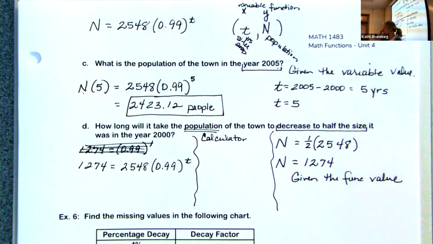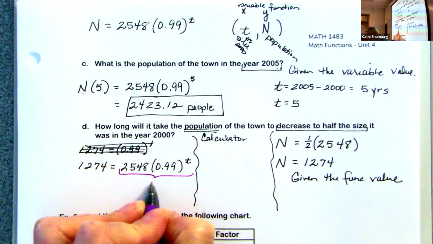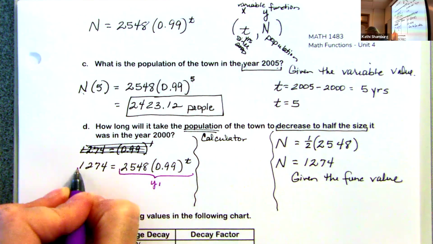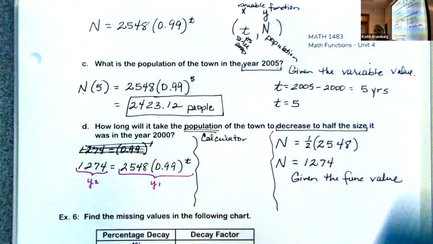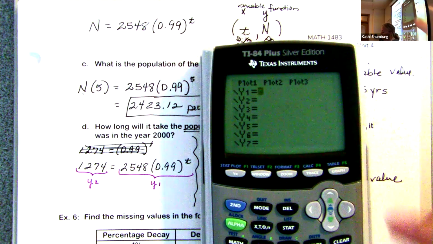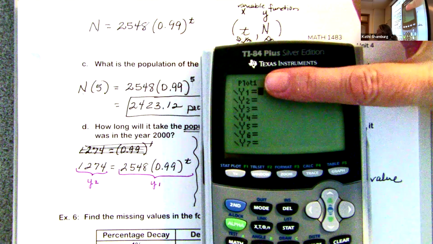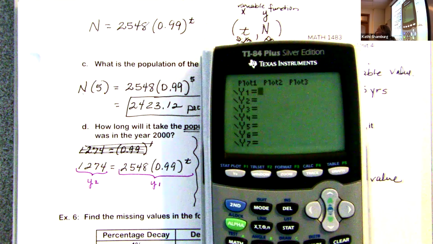All right, how am I going to do that on my calculator? Correct. So we're going to enter this as Y1, and we're going to enter this as Y2. Now, on your calculator, when you go to Y equals, because I had a class at 9:30, I turned my plot off.